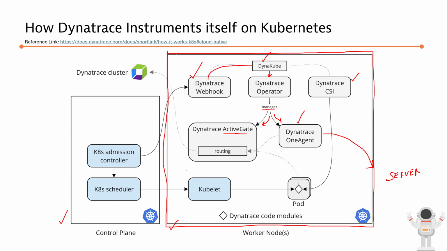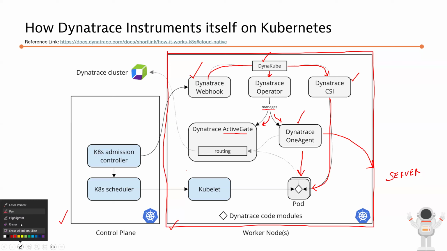It works the same way as what we have done in the previous sessions. And this one agent will inject itself in the pods. And in another deployment strategy, there is another agent, a lightweight agent, which we call the CSI driver. So these CSI drivers also inject themselves in the Kubernetes pods. So that's how this entire functioning really works in the background.